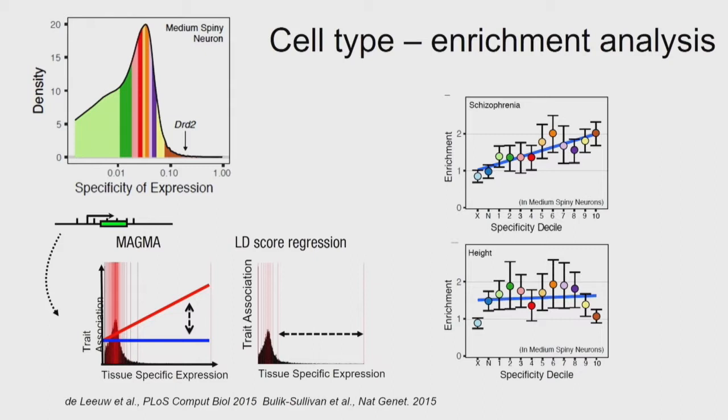We use MAGMA and LD score regression, and we put a window here, saying if the SNP is close to this gene, we assign this SNP to that gene. We didn't do a cutoff. We didn't take just the risk genes, just the genome-wide significant ones. We took all the genes and the risk that is associated with each gene. So even if you have a low risk with your gene, that tiny amount of risk is in this analysis.